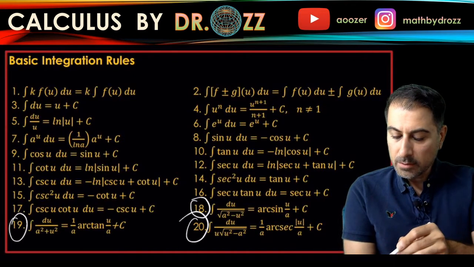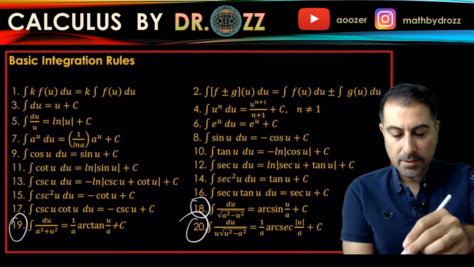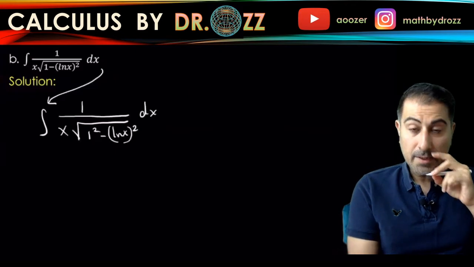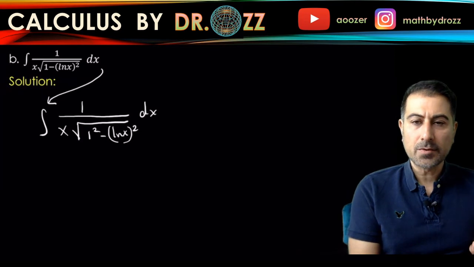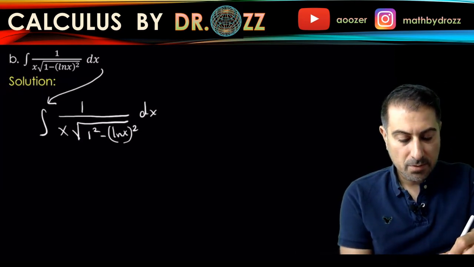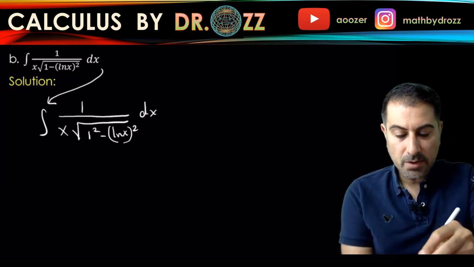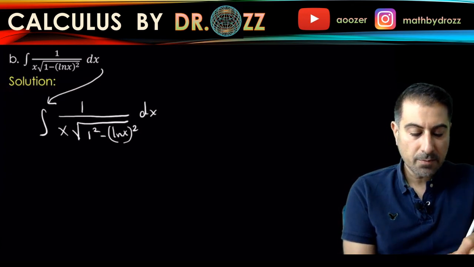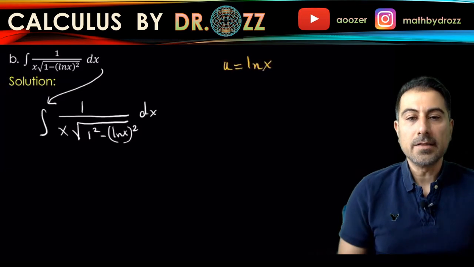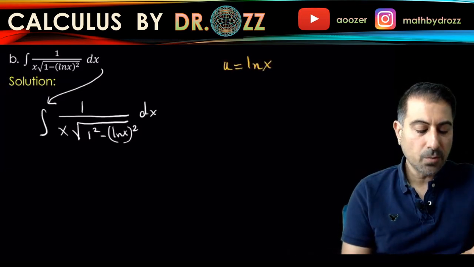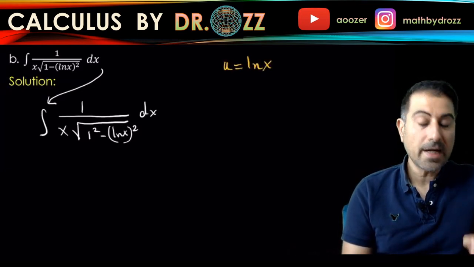Okay, so let's try to understand what's going on here. You have ln x here. So that means I may start calling ln x to be u, because we have to convert this integral to the u version of that by a u substitution. And the good news is that du afterwards is going to be dx over x.